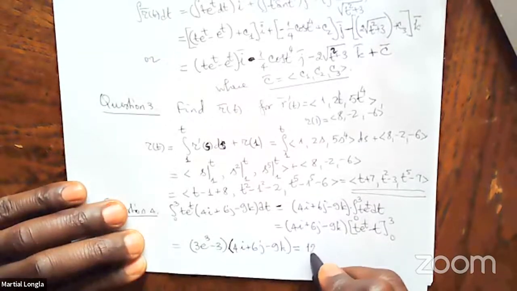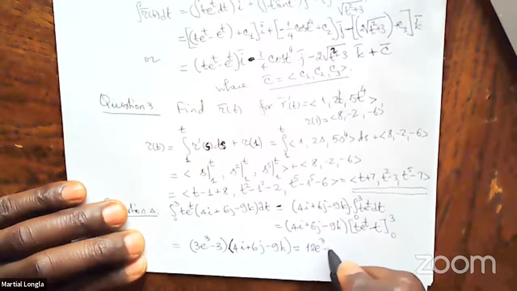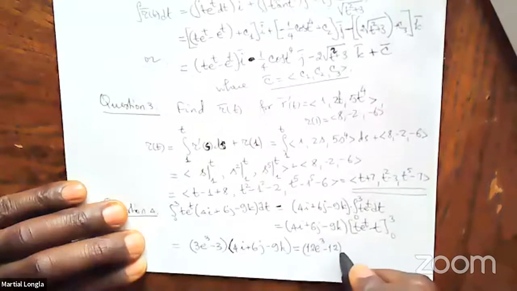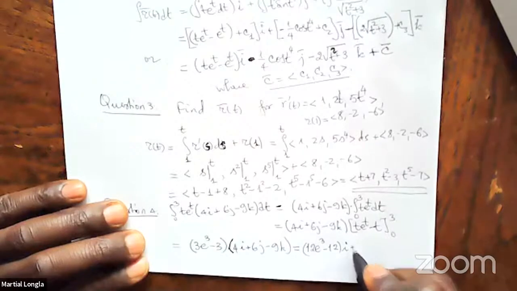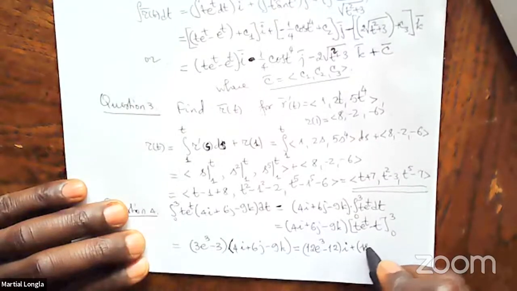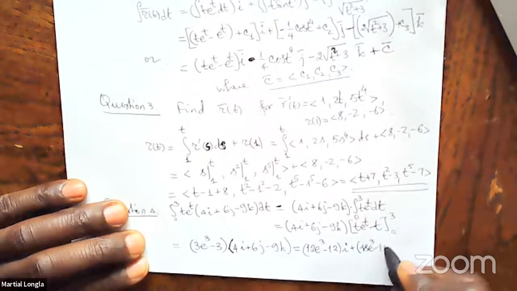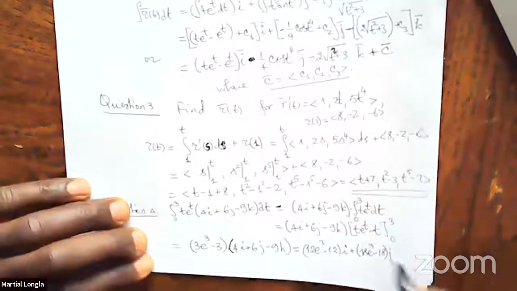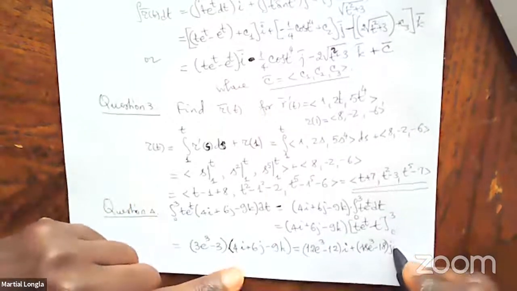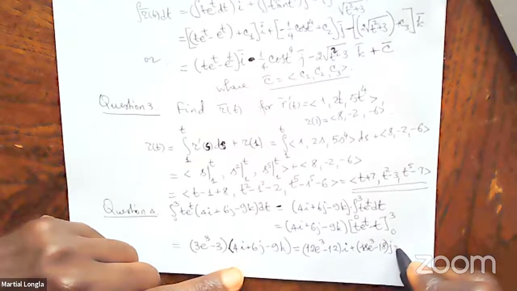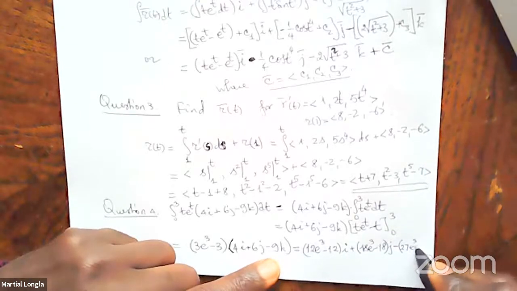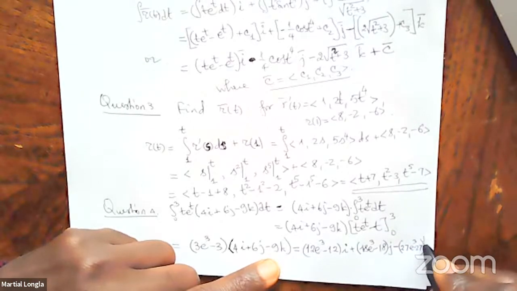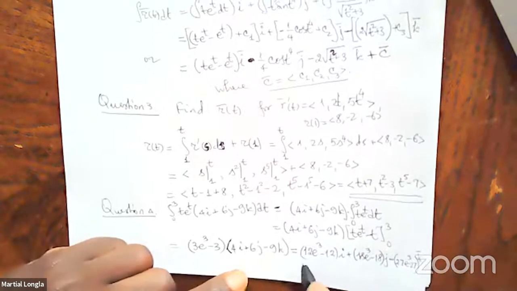So that's (12e cubed minus 12)i plus (18e cubed minus 18)j minus (27e cubed minus 27)k.